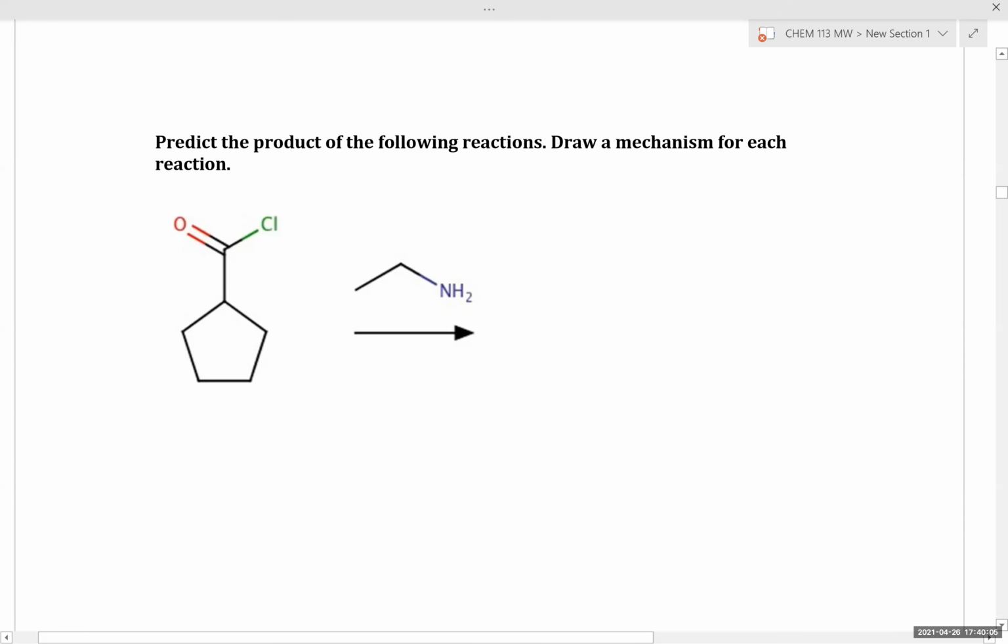So would anyone like to share their proposed mechanism, either annotated on the whiteboard or as a photo in the chat?